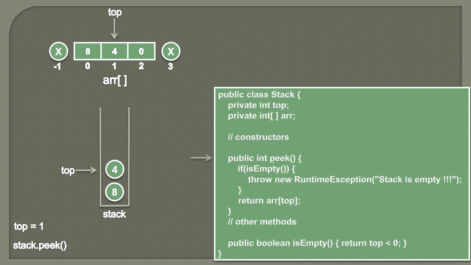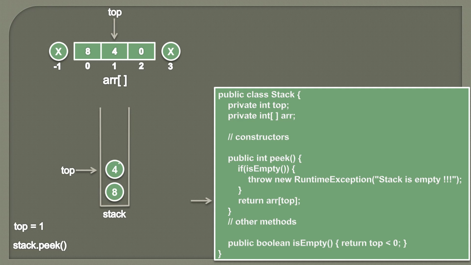So when we call peek, the first thing we check is whether the stack is empty or not. So the value of top is 1 and 1 is not less than 0. So false will be returned, that the stack has two elements. So this if block won't get executed.